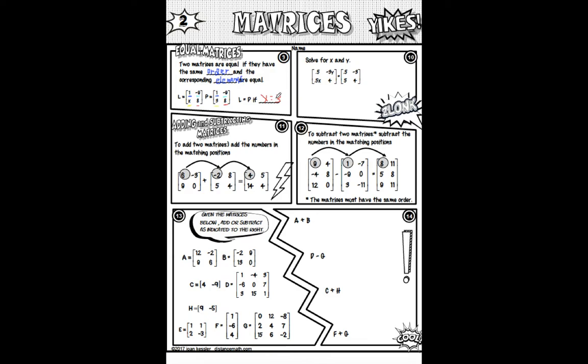So take a look at number 10. It says solve for X and Y. So same thing like we just did. We want to make sure the corresponding elements are equal. So 0.5 has to equal 0.5. -3y has to equal -3. 0.5x has to equal 5.